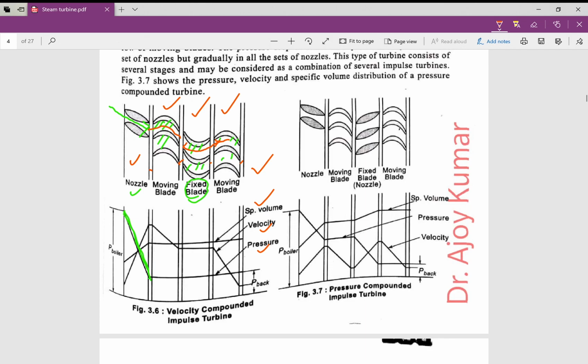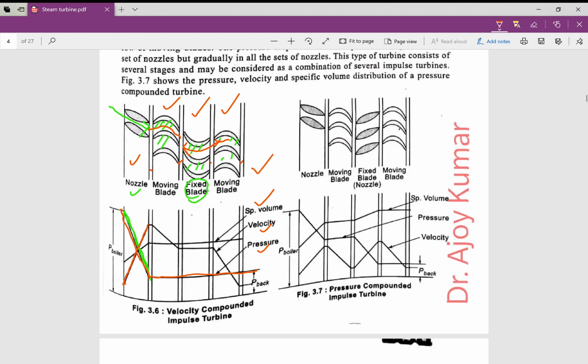So just for proper guiding of steam, fixed blades are mounted which are attached to the casing. So here it is about variation. The pressure decreases and at the same time velocity increases. Since there is a constant passage area between two consecutive blades, there is no pressure drop, and henceforth this pressure is the same throughout.